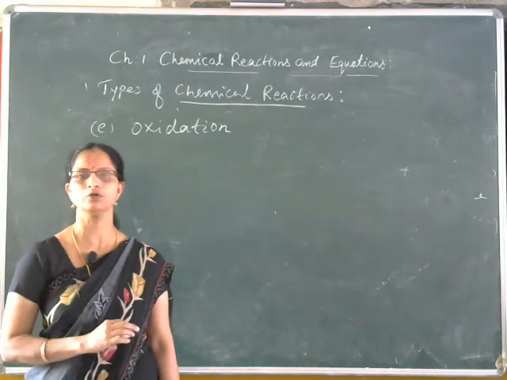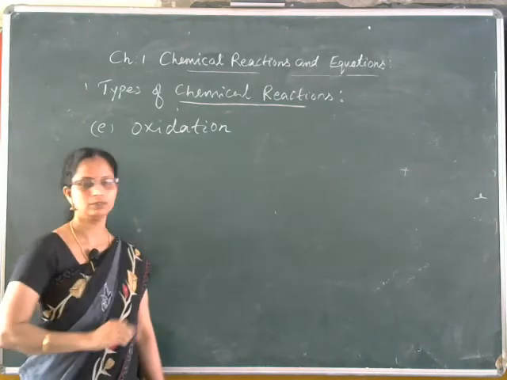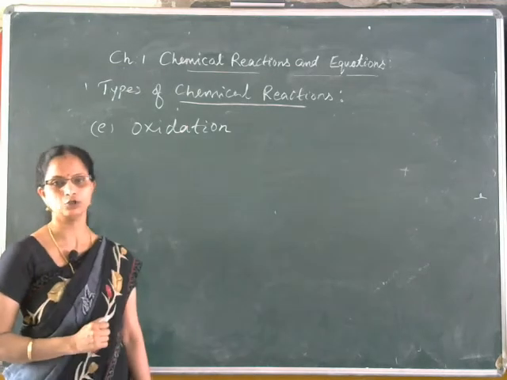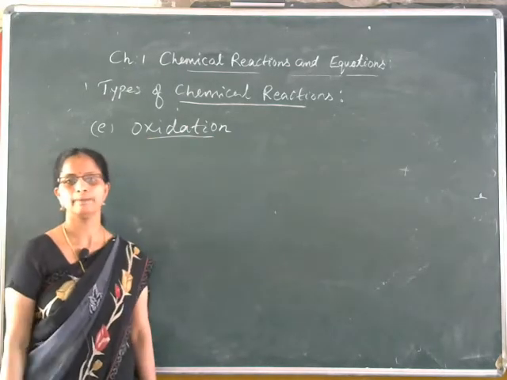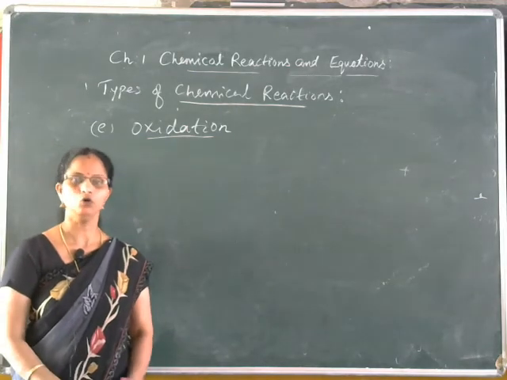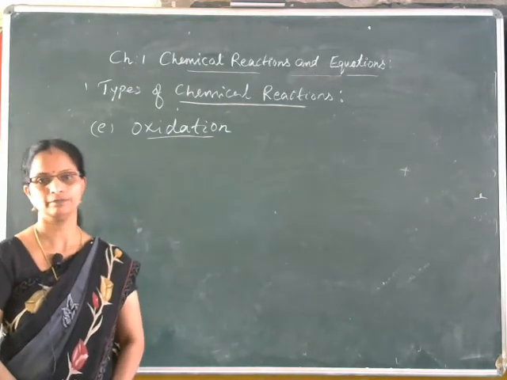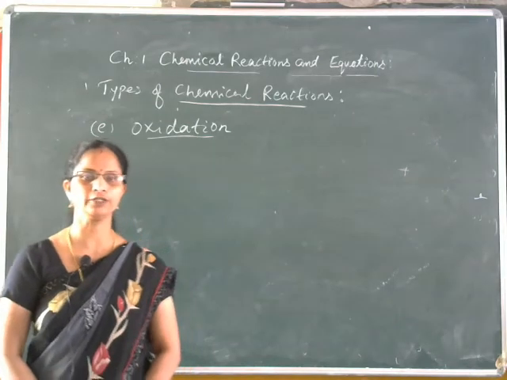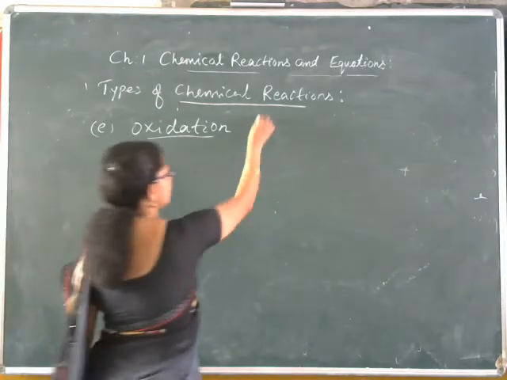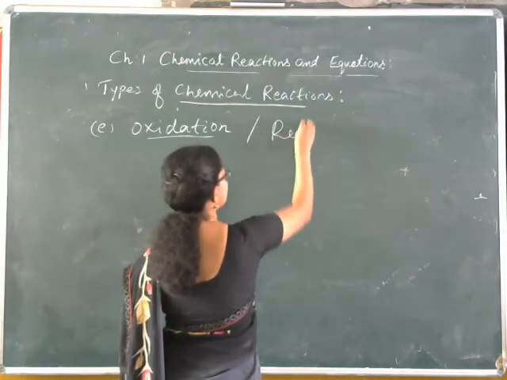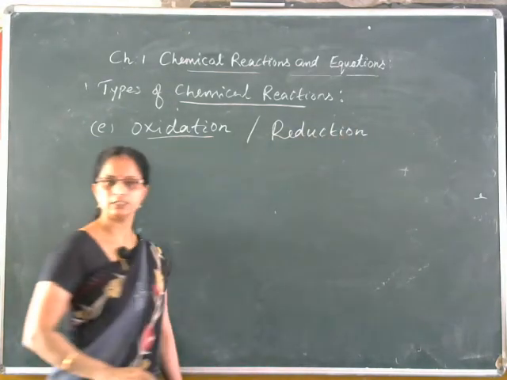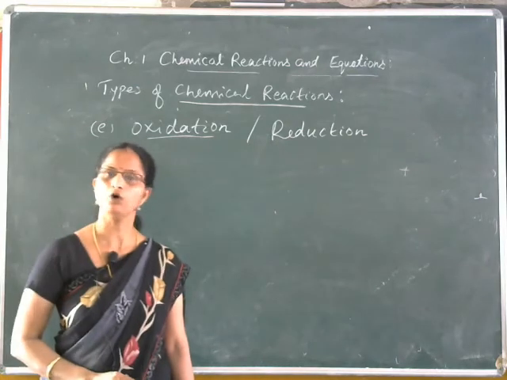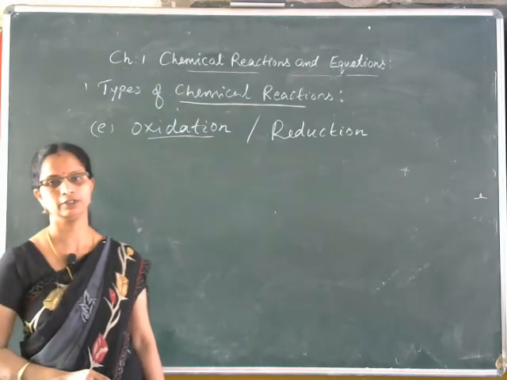Oxidation means when any substance gains oxygen or loses hydrogen, it is said to be an oxidation reaction. And at the same time, reduction means if any substance loses oxygen or gains hydrogen, that is said to be reduction.